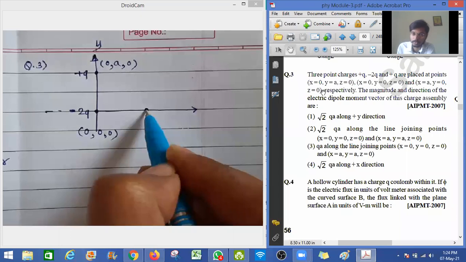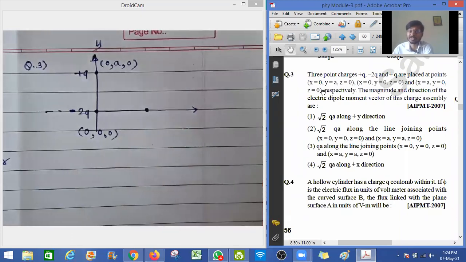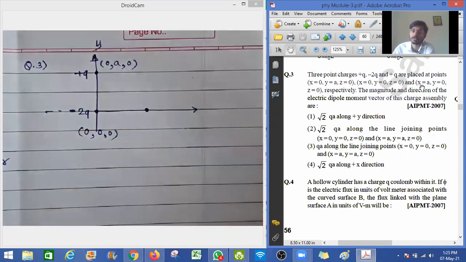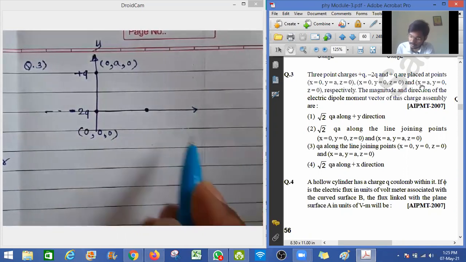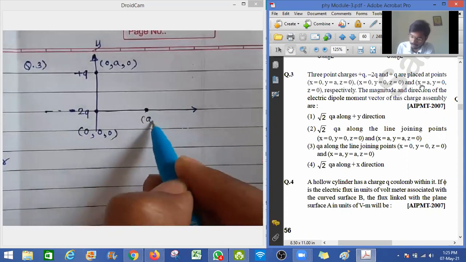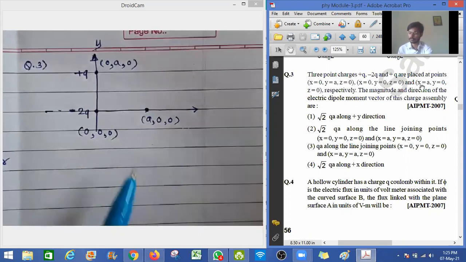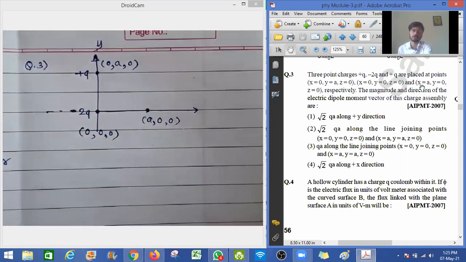The third point charge plus q is on the x-axis, so x equal to a, y equal to 0, z equal to 0.